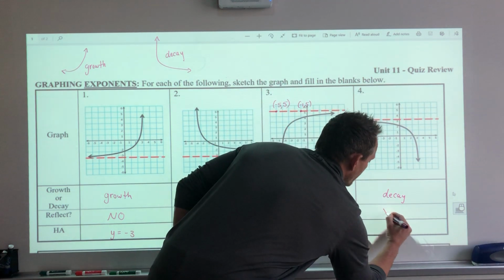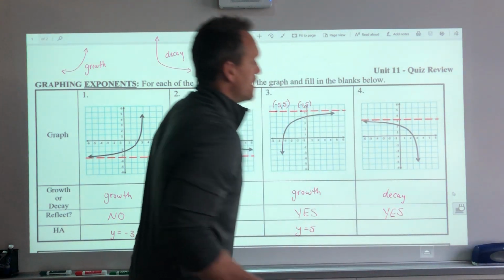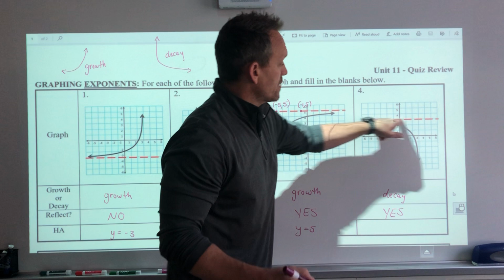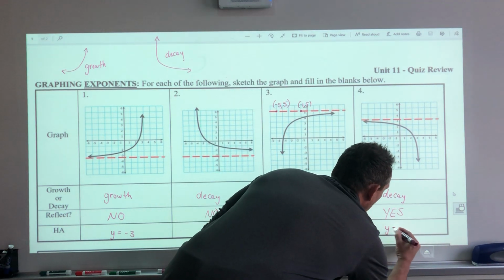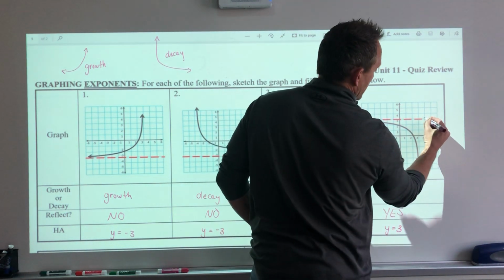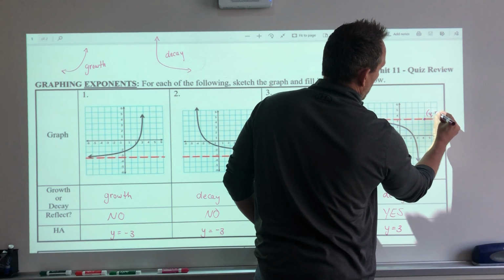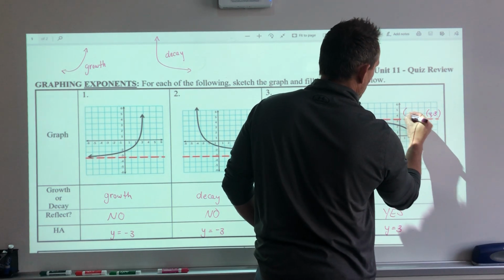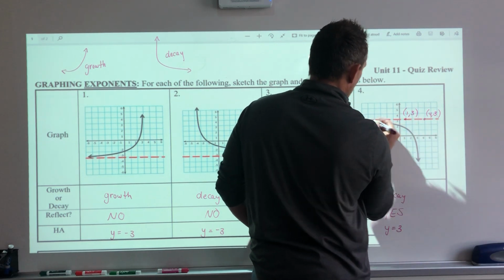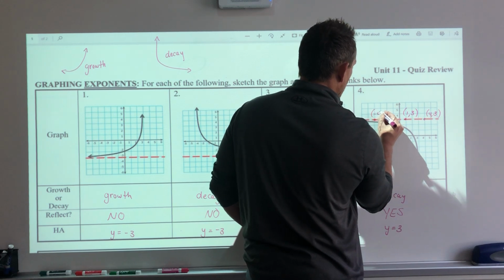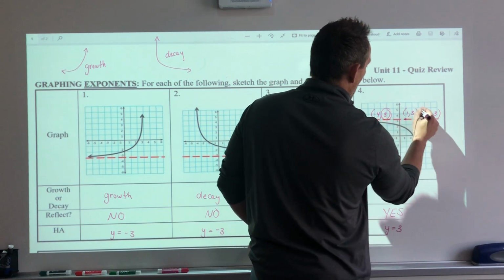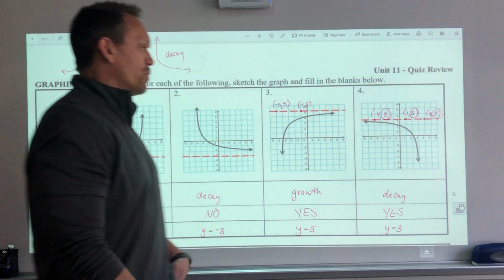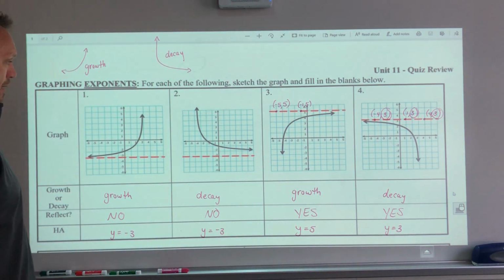It has been reflected. And my horizontal asymptote is at y equal to 3. Again, this point here, 4, 3. This point here, 1, 3. This point here, -4, 3. They all are y equal to 3. That's why those asymptotes are like that. Cool? All right, so let's roll down.